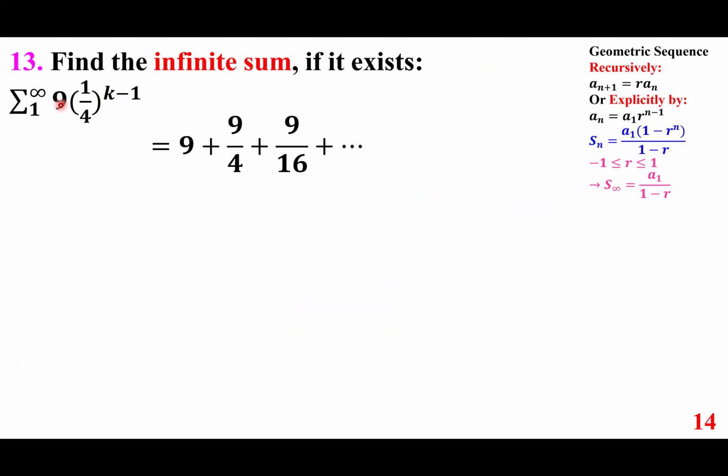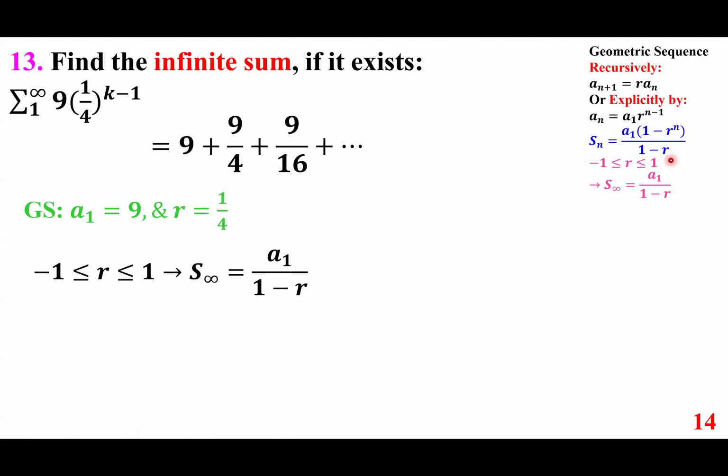So therefore, it is a geometric sequence. The sum is a geometric series with the first term being 9, and r is 1/4, or simply you can divide 9/4 by 9. And because, again, r is between -1 and 1, we can use s sub infinity equals a sub 1 over 1 minus r.